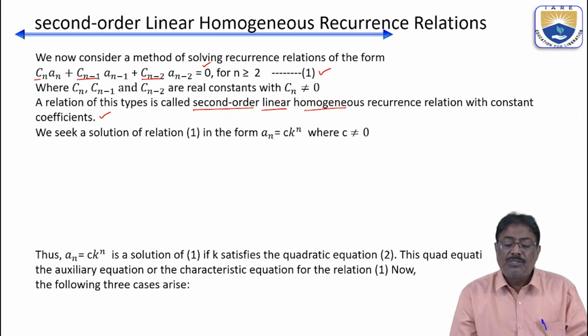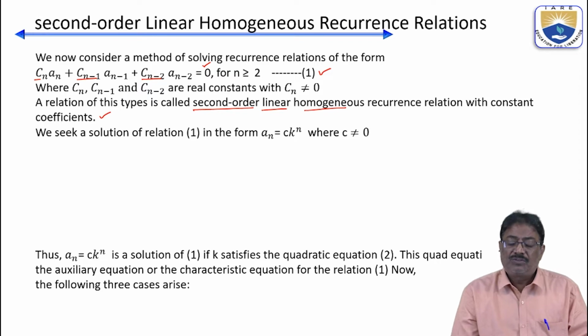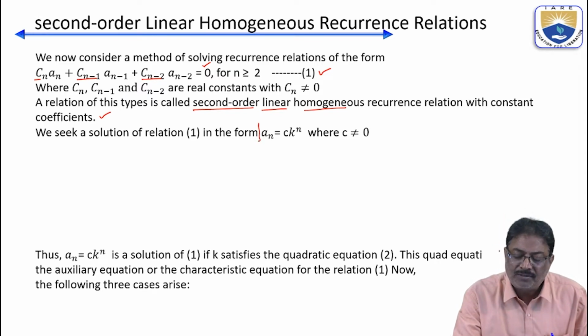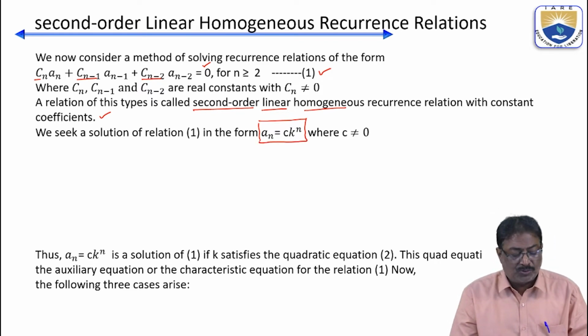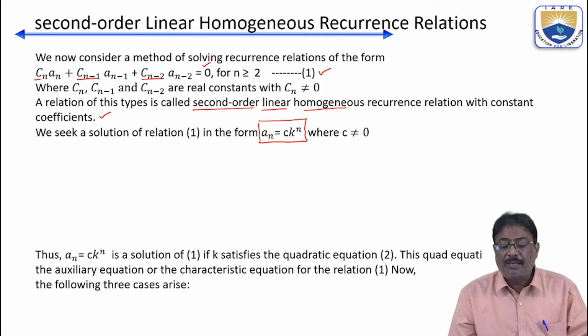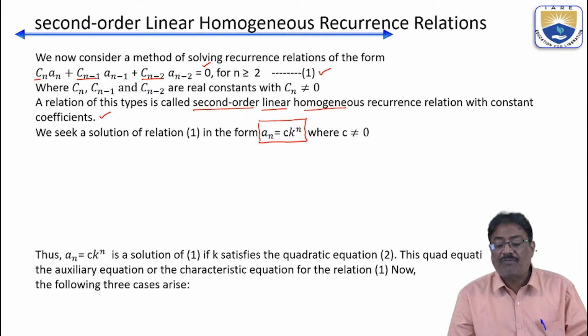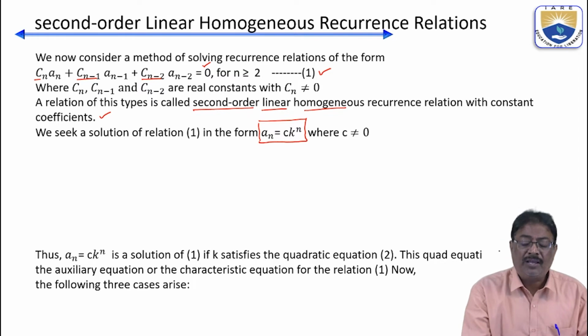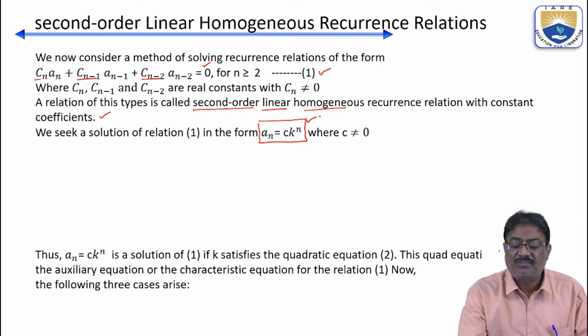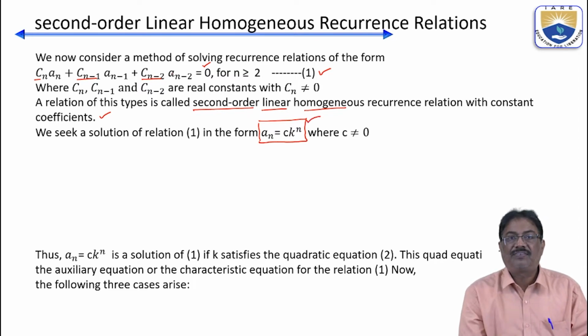So we are going to find the solution for this. For that, let us assume that we are taking a solution of this form: a_n = c k^n be the solution to equation 1. Here c is not equal to 0. Whenever I say that this is the solution, it satisfies this equation.